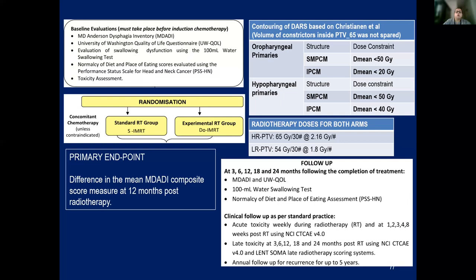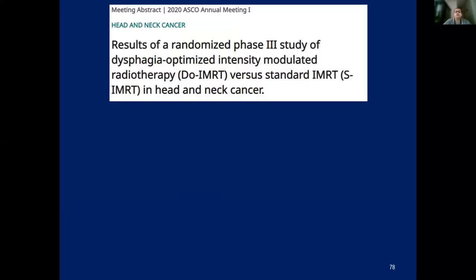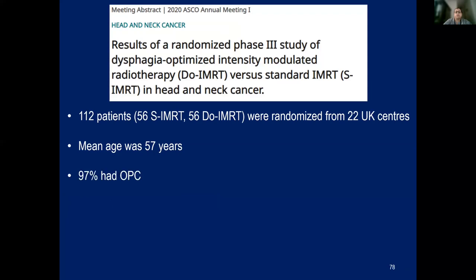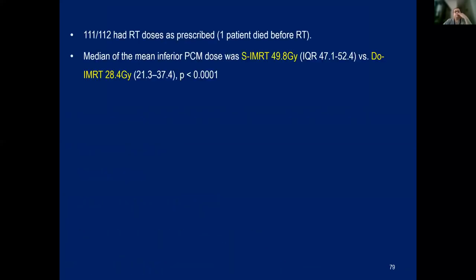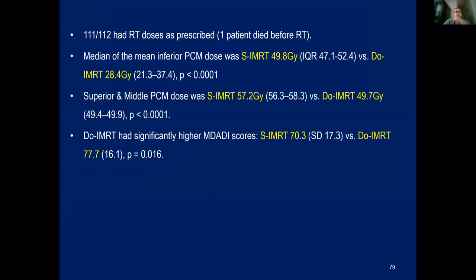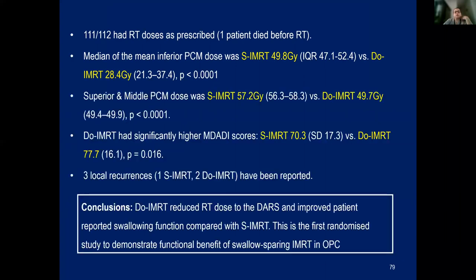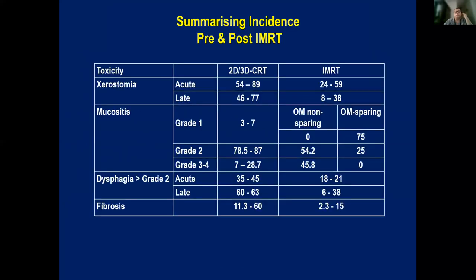And if you do all this, I'm not going into the details for want of time, we do realize that it is possible for us to spare the dysphagia aspiration related structures. The doses can be reduced, and as a consequence of the reduction of the doses, what we do realize is that it is possible for us to improve swallowing related outcomes post DARS optimized radiotherapy, and this was the first randomized trial doing so.